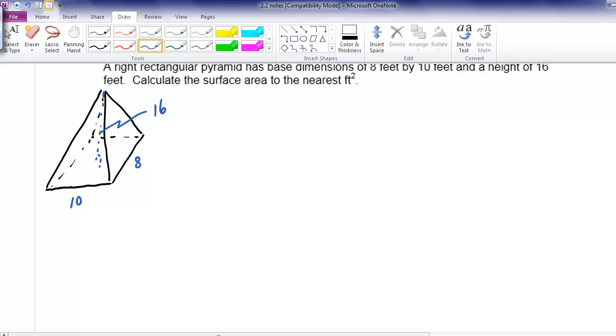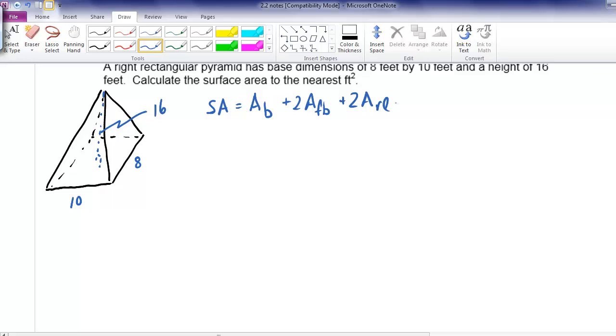Another good thing to do when you're doing these sort of calculations is write down your formula right off the bat. So the surface area is equal to the area of the base, plus 2 times the area of the front and back triangular faces, plus 2 times the area of the right and left faces.